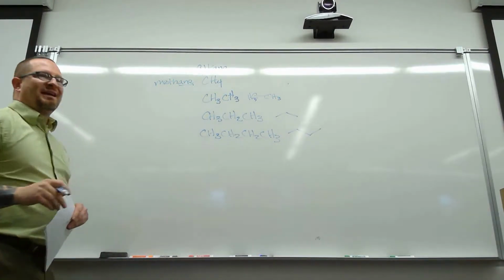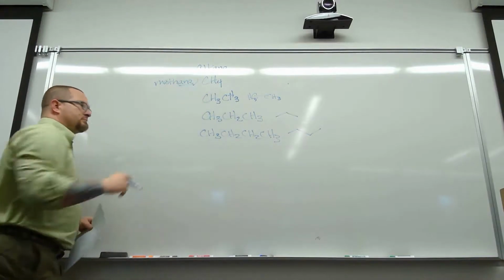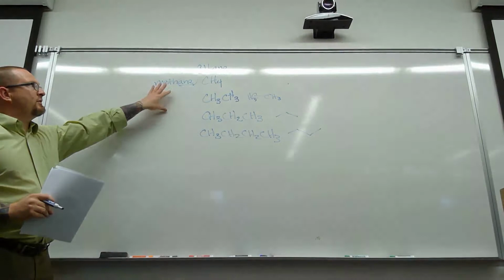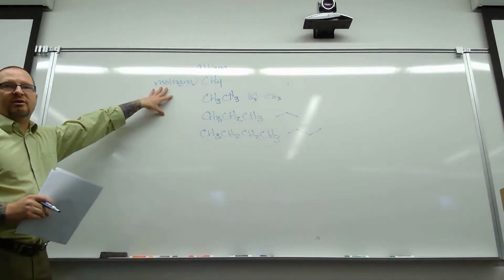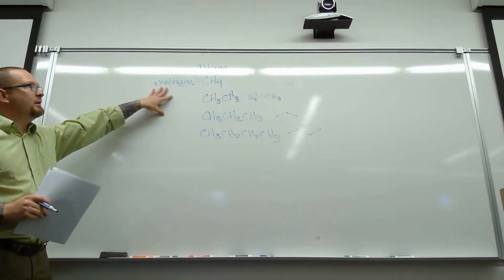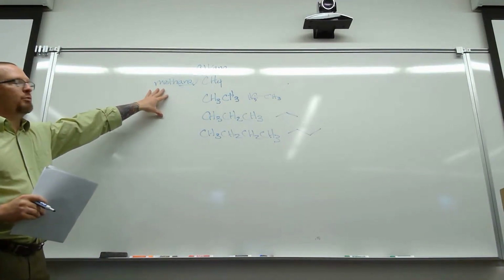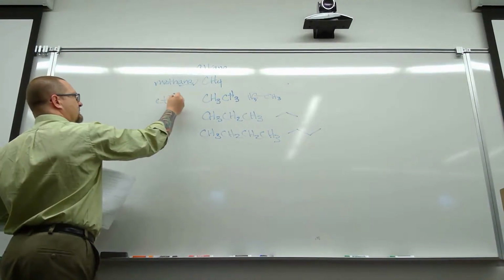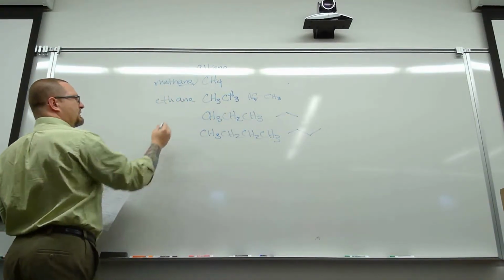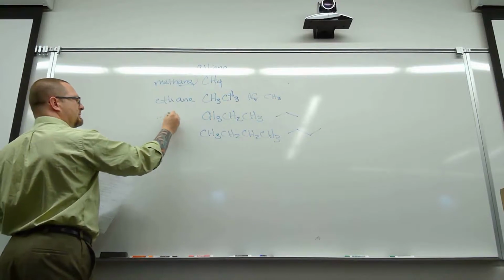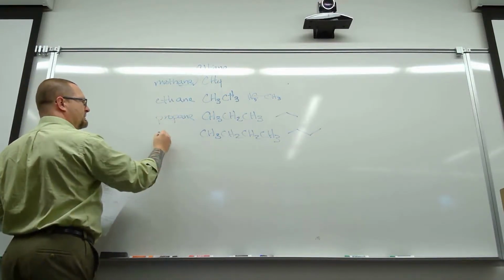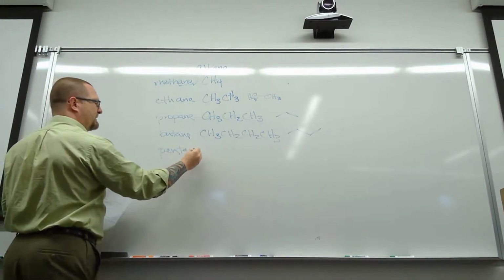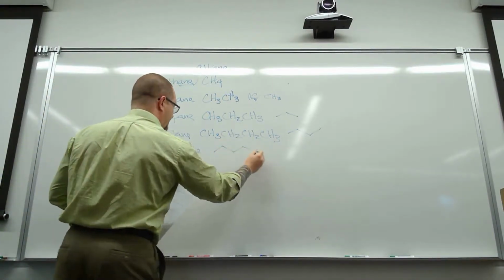Every alkane is named with "ane" to identify it as an alkane, and has a prefix which tells you how many carbons are part of the chain. So in this case, the prefix for one is methane, ethane, propane, butane, pentane is 5, 1, 2, 3, 4, 5.